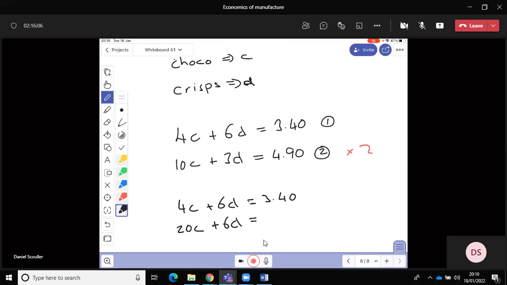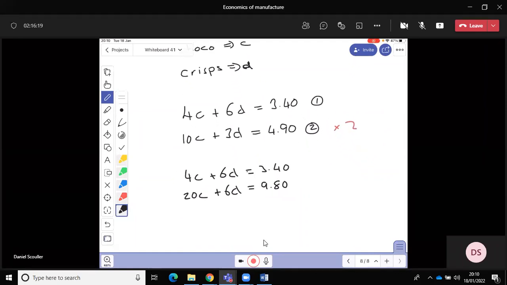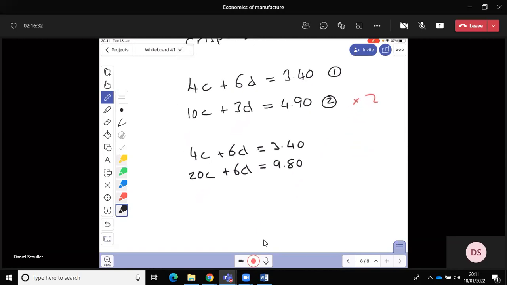What would that be? £4.90 plus £4.90 is £9.80. Probably making this harder than it should be. Okay, and then we can just take that away.